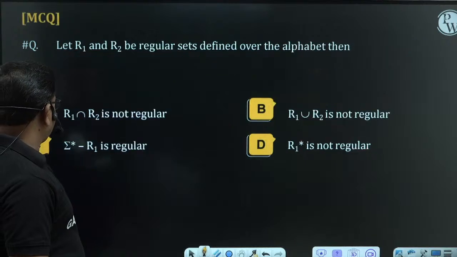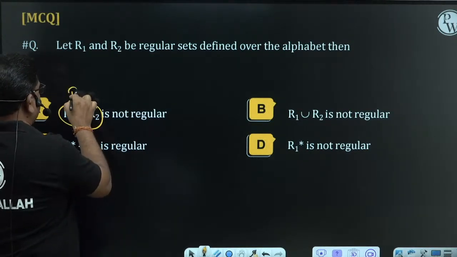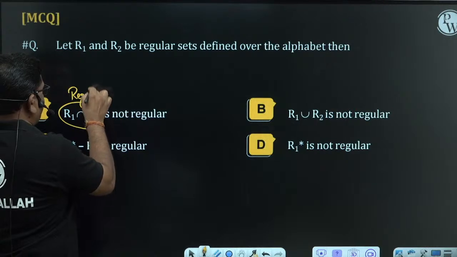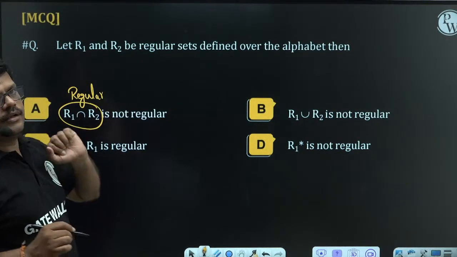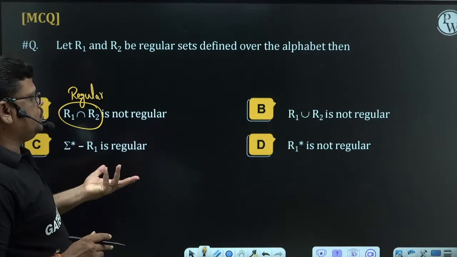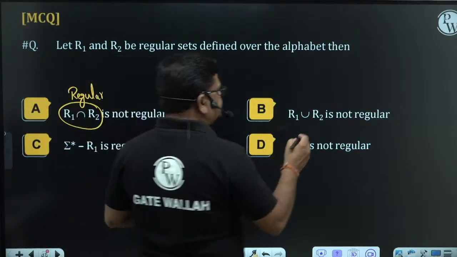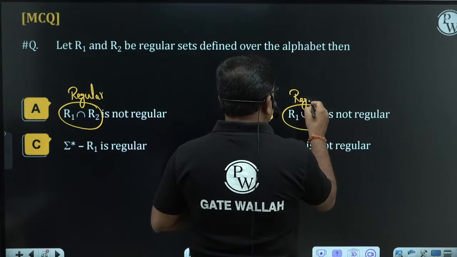So intersection should be regular because R1 and R2 are regular. R1 union R2 is also regular because union is also closed.